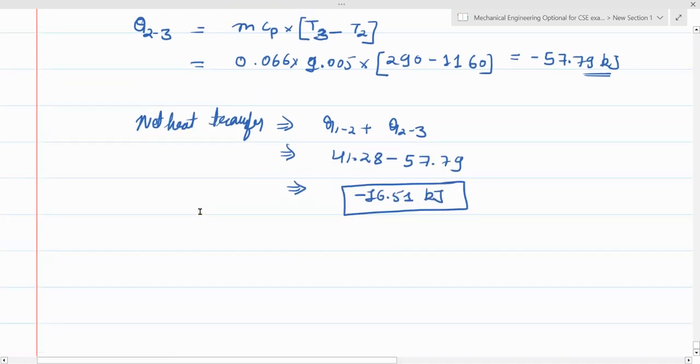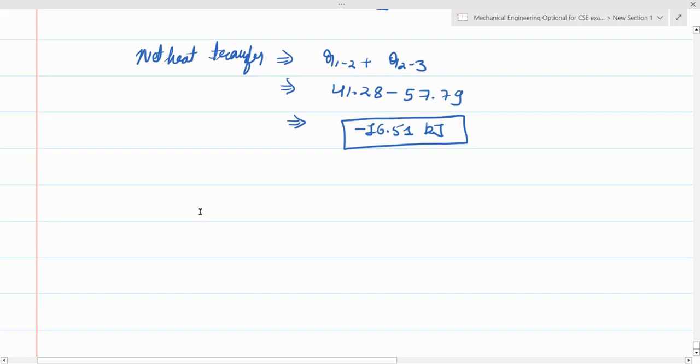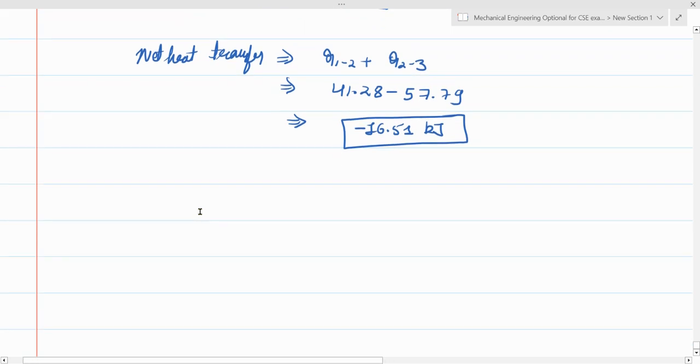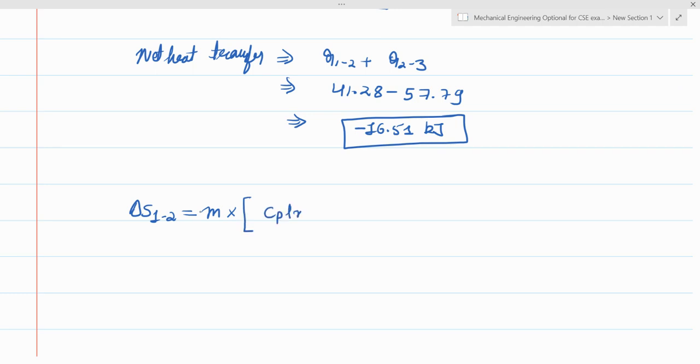So the first question is now solved. Now for the second question, we have to find the total entropy change. So delta S from 1 to 2 is equal to the mass multiplied by Cp ln T2 by T1 minus R ln P2 by P1.